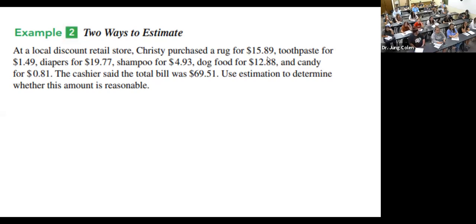Round. Okay, I like that. So 15.89, let's make it an easier number: 16. Keep that in mind. And 1.49, about $1.50. So together we have 17.50. Then 20, so 37.50. Then 5, 42.50.